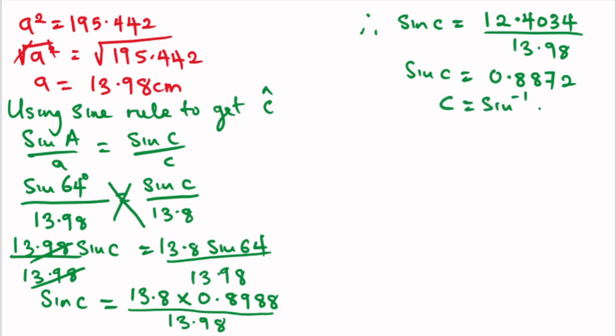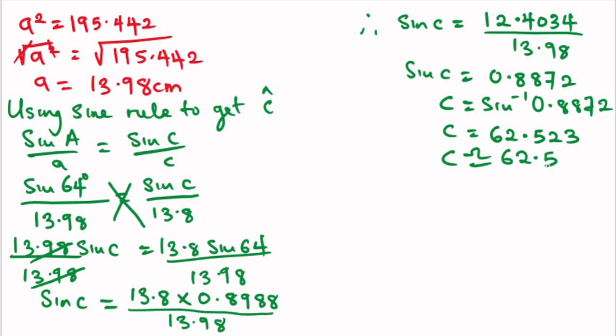So C is equal to sine inverse of 0.8872, from the four figure table or your scientific calculator. It is 62.523, approximately 62.5 to one decimal place. So now we've been able to get the value for C.